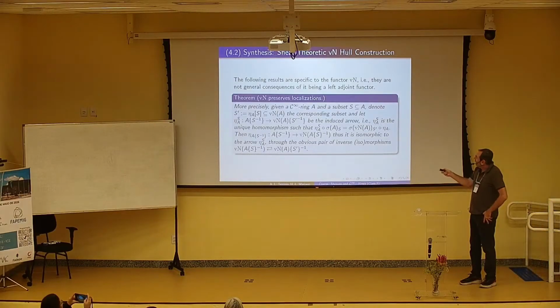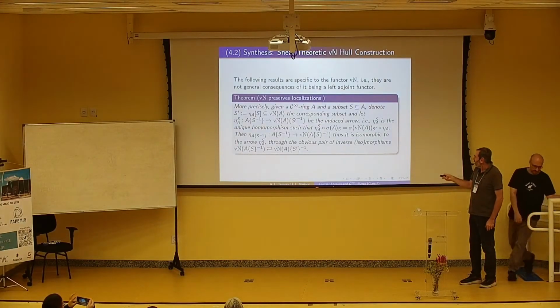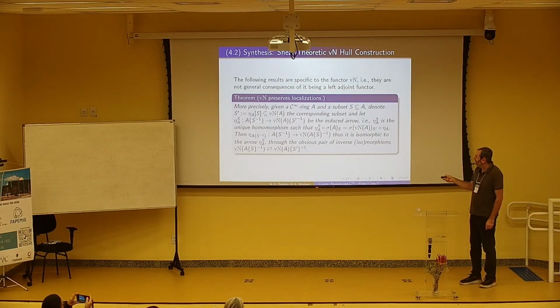Ok. Bem, esse processo, como a gente já observou, não vai destruir localizações. Né? Então, na verdade, as localizações aqui vão ser preservadas, quando você mapeia um conjunto multiplicativo no outro.